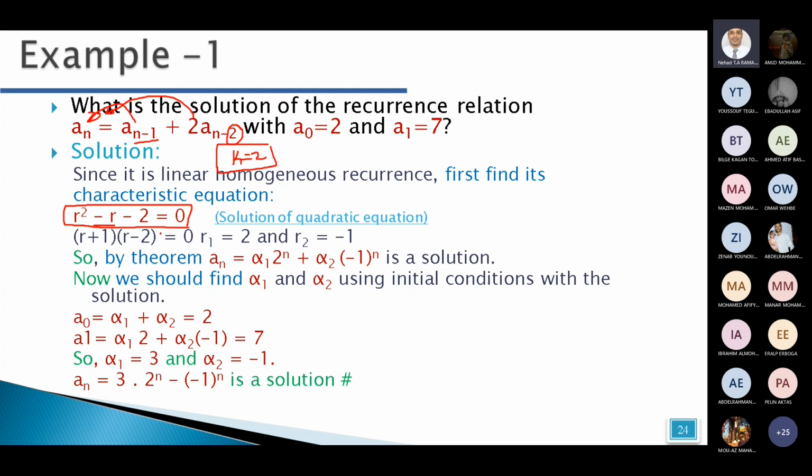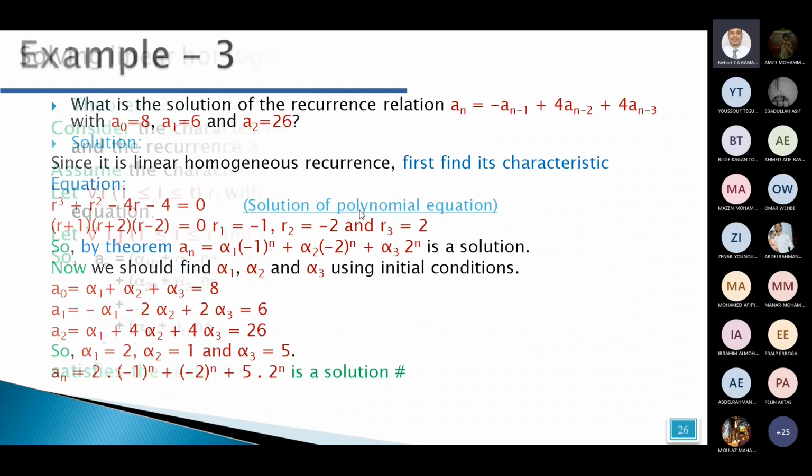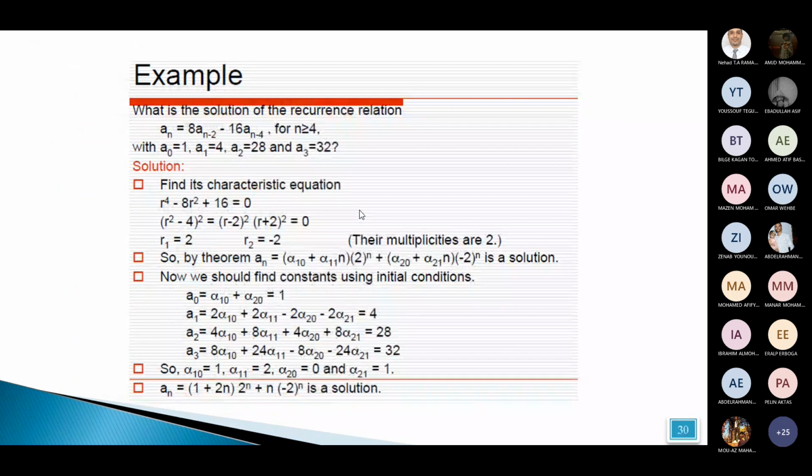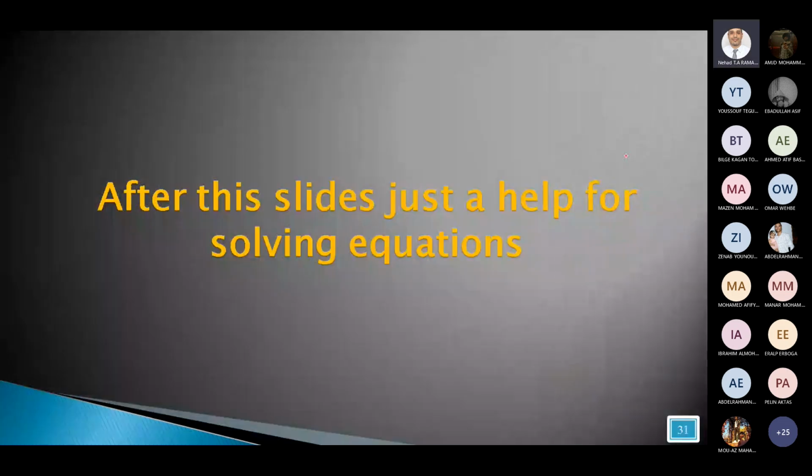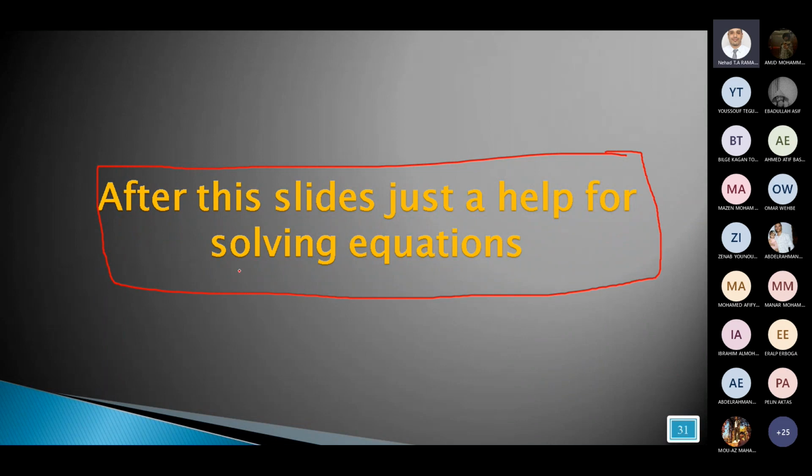This equation is a quadratic equation. You know how to solve it, yes? If you click this link, I already gave it to you after this slide, just a help for solving equations.